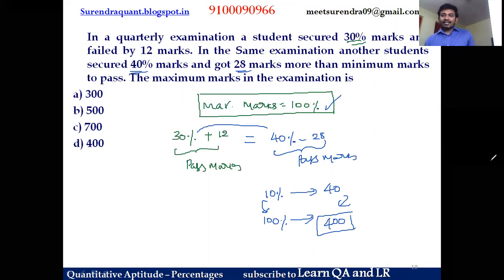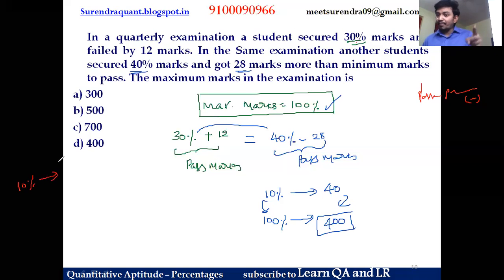Now friends, let us generalize this. I think you might be aware of this. If both are of the same variety, both passed by some margin, the difference is the marks. For example, if both students passed by some margin, say 30 minus 40, the difference is 10%.